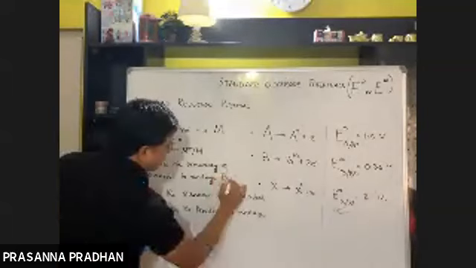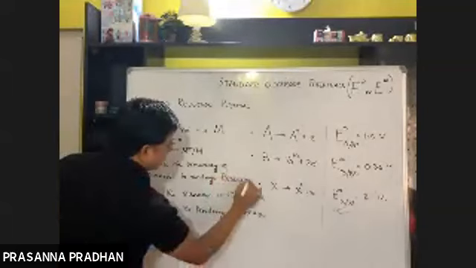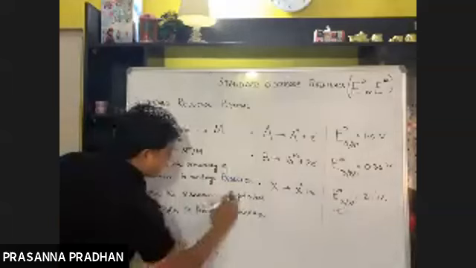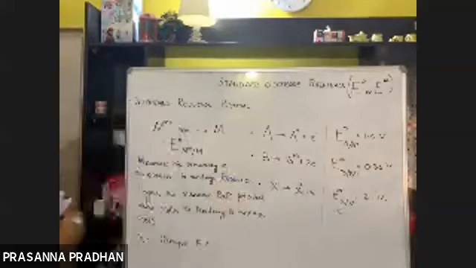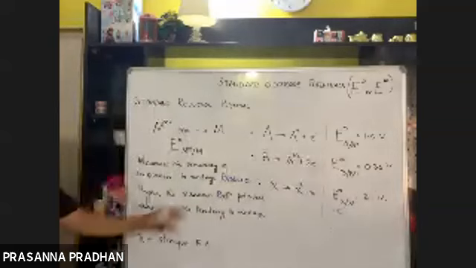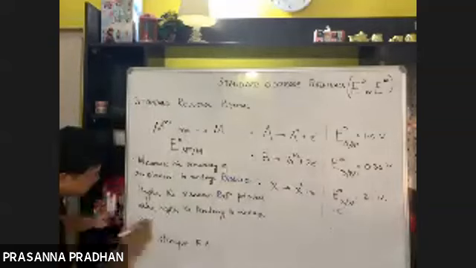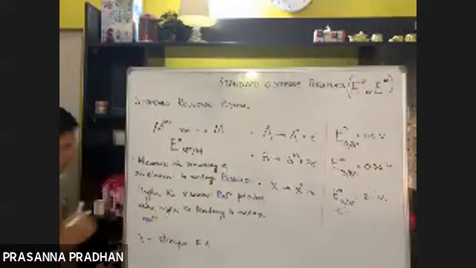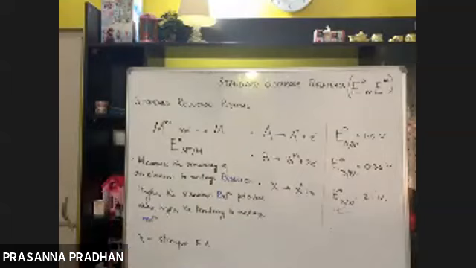Similarly, the higher the standard reduction potential, the higher the tendency to undergo reduction. So just by comparing the reduction potential values, we can compare the tendency of an element to undergo reduction.